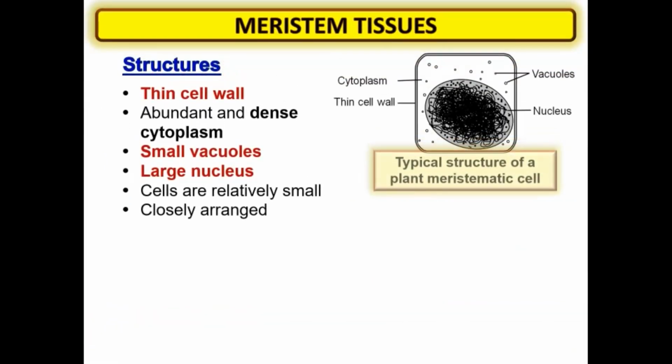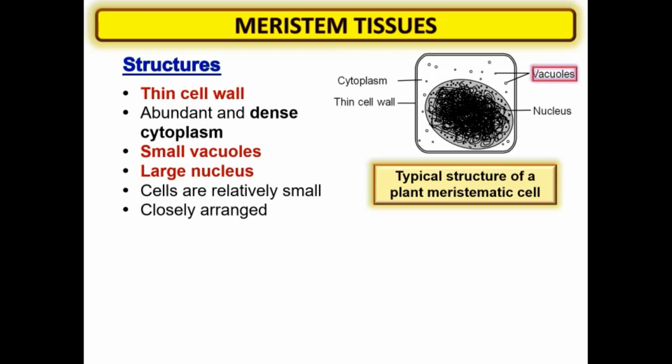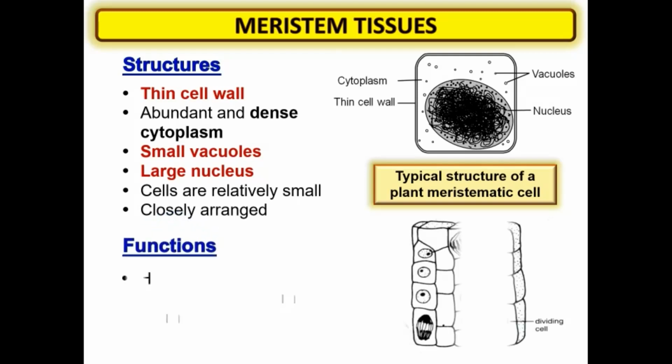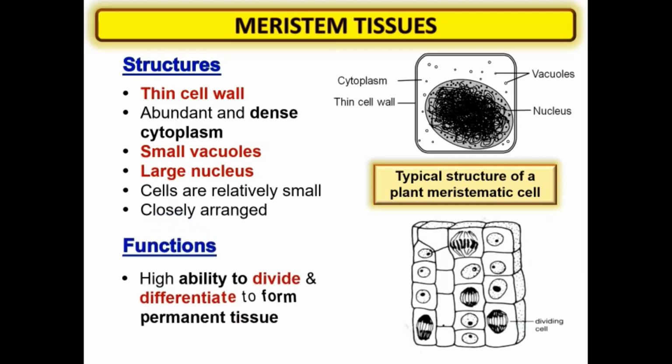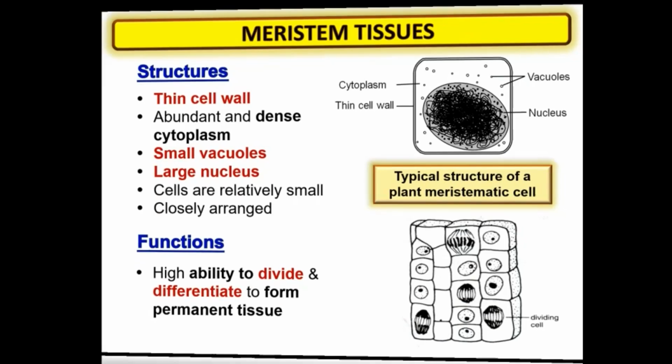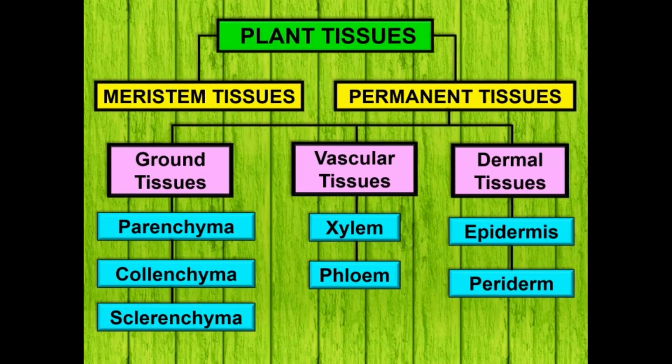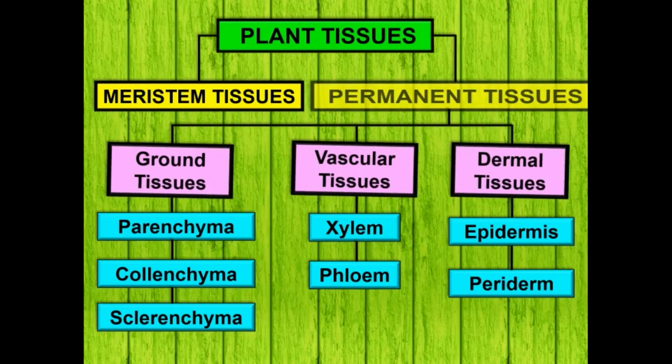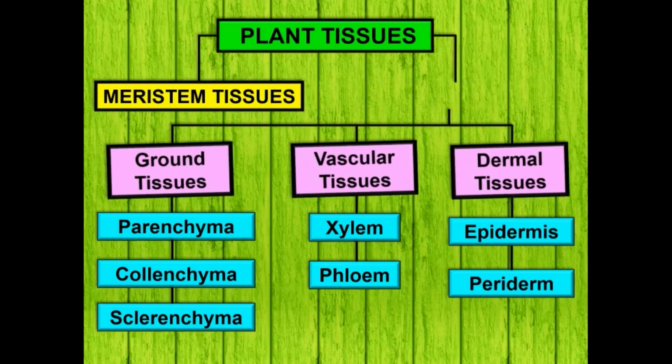Meristem tissues consist of thin cell wall, small vacuole, and large nucleus. Meristem tissues can divide and differentiate. Next, permanent tissues.